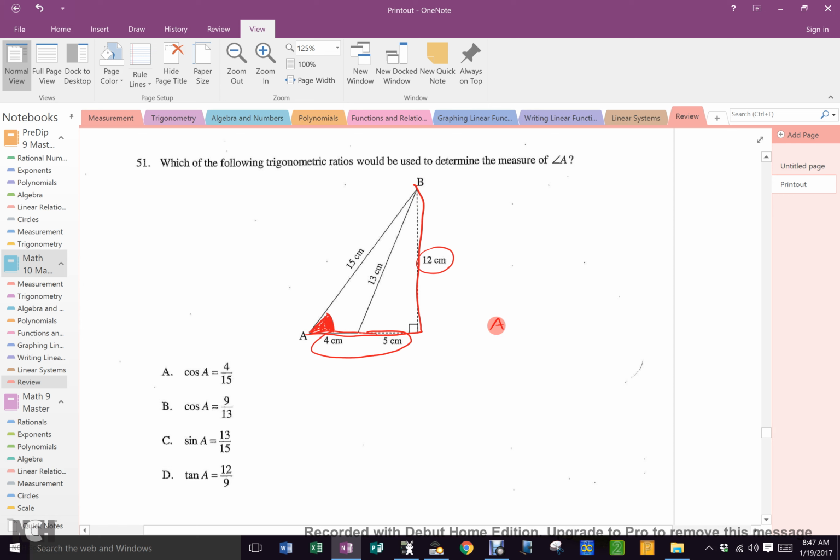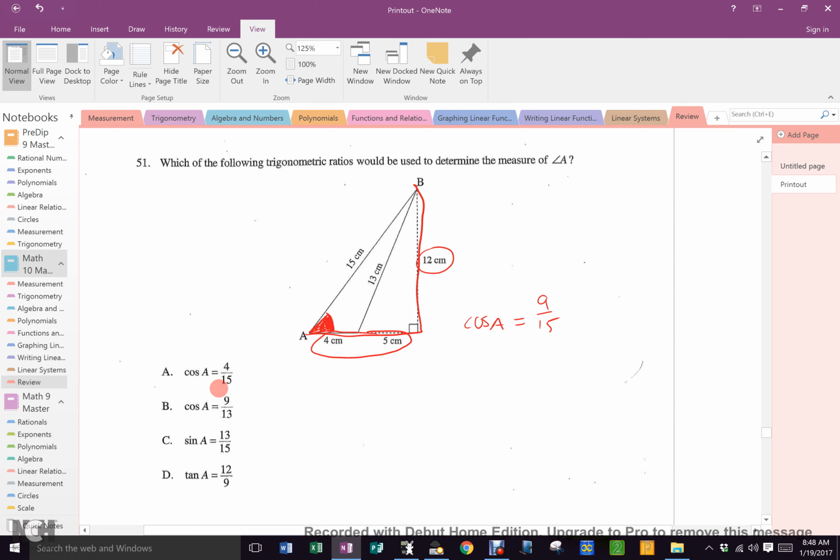So I've got A. What's cos A? What's cos? Look on your data booklet if you still need to. Adjacent over hypotenuse. So what's adjacent to A? Which is 9 centimeters. So cos A is 9 over 15.